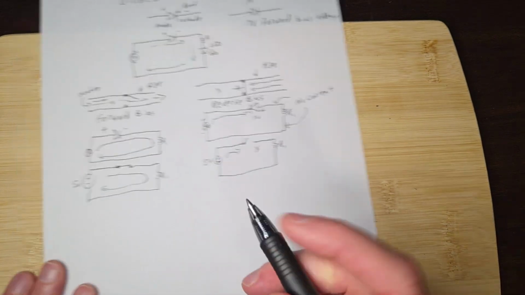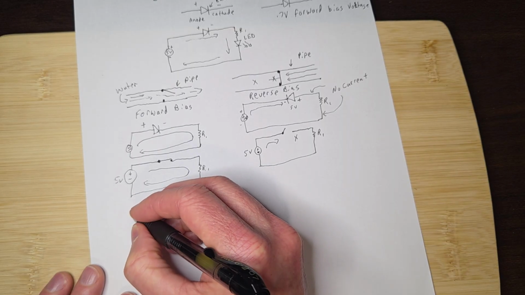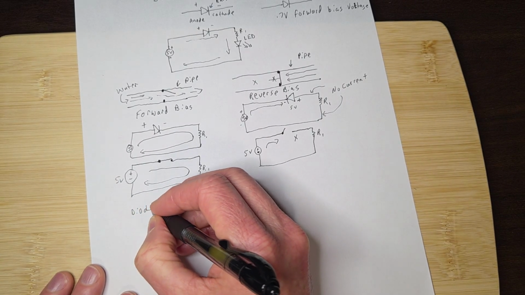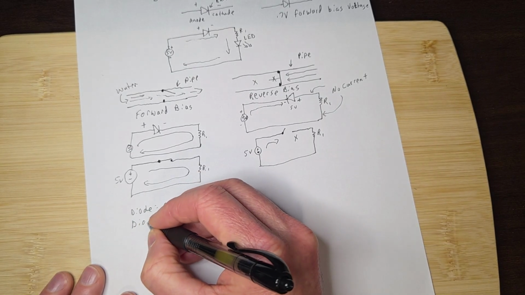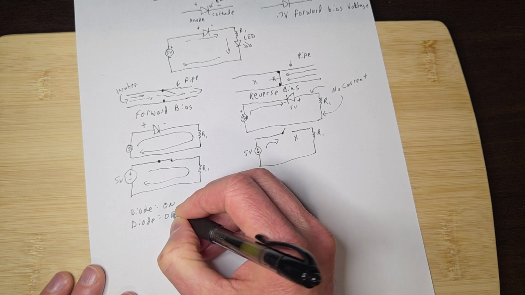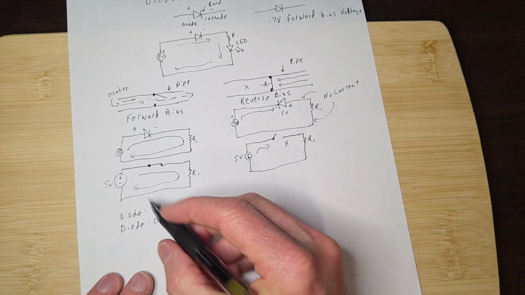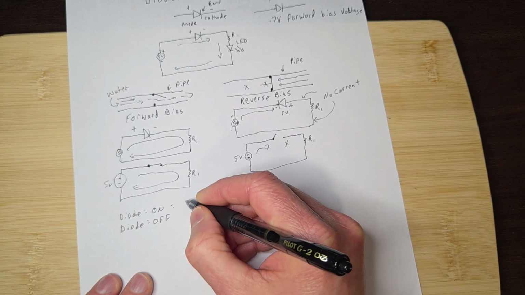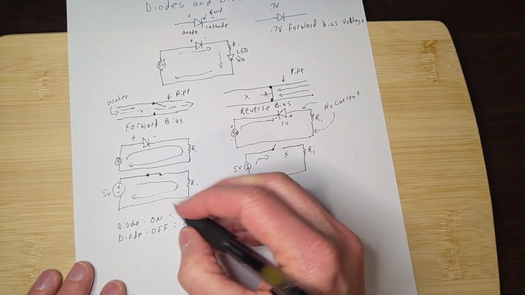It's either on or off. So a diode can be on, or a diode can be off. We can look at it that way. It's like a switch, right? On or off. So this is binary. That's equal to a 1, and that's equal to 0. So this is really binary if you think about it.